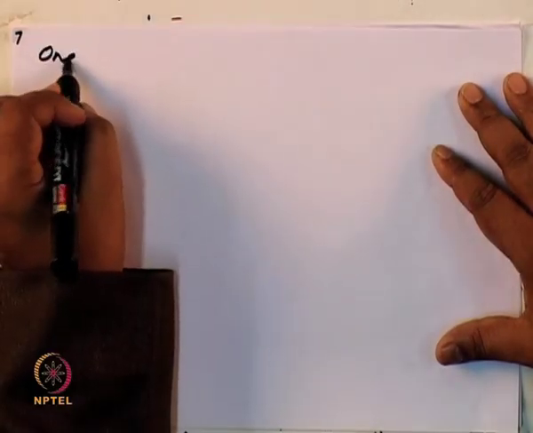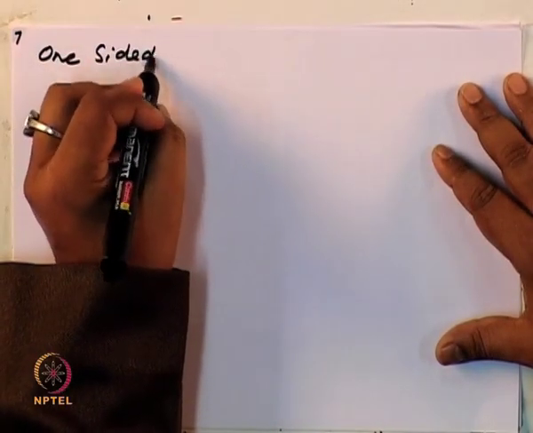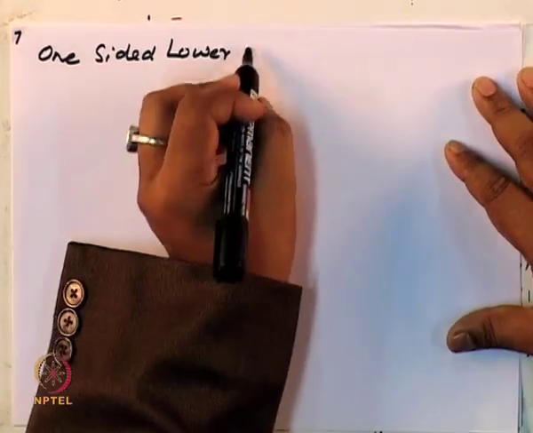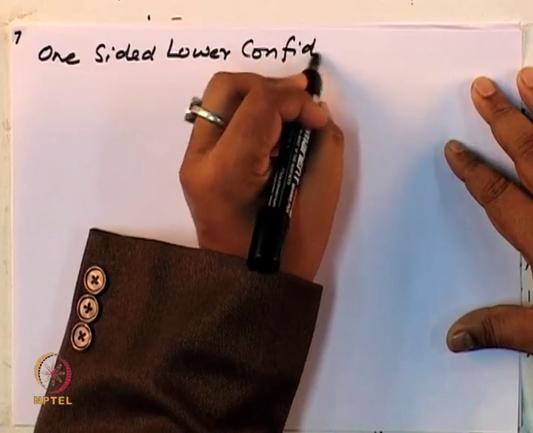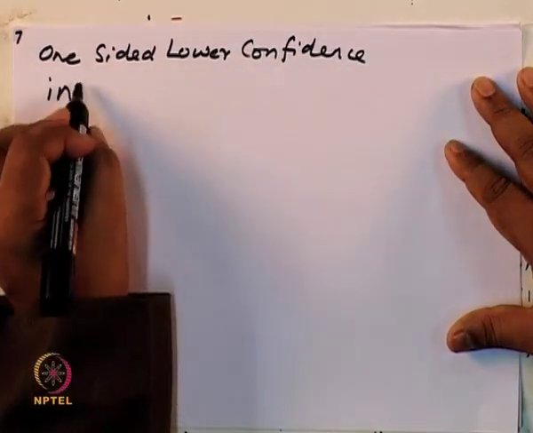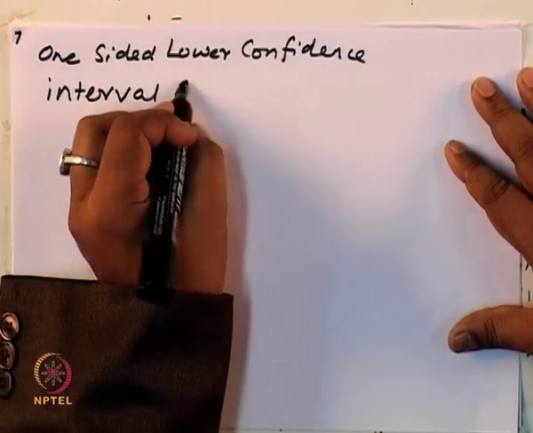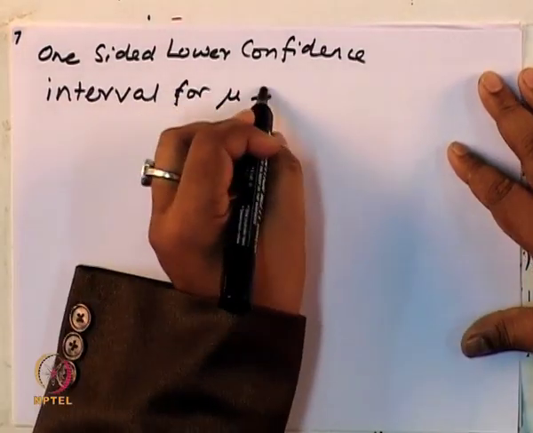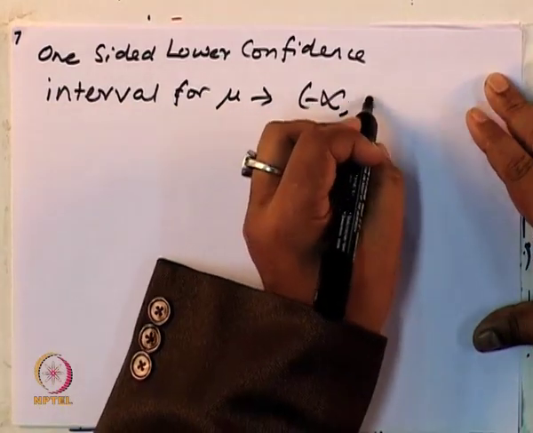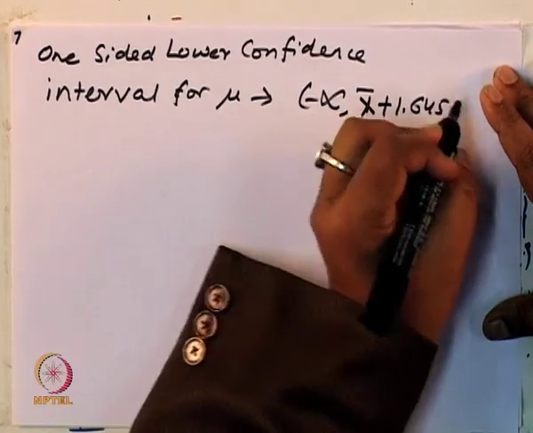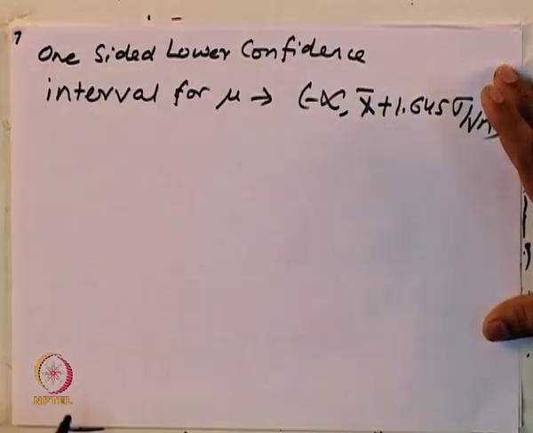Similarly, you can calculate an absolute upper value. Okay. So, the one sided lower confidence interval for mu turns out to be between minus infinity and x bar plus 1.645 sigma by root n. Okay.